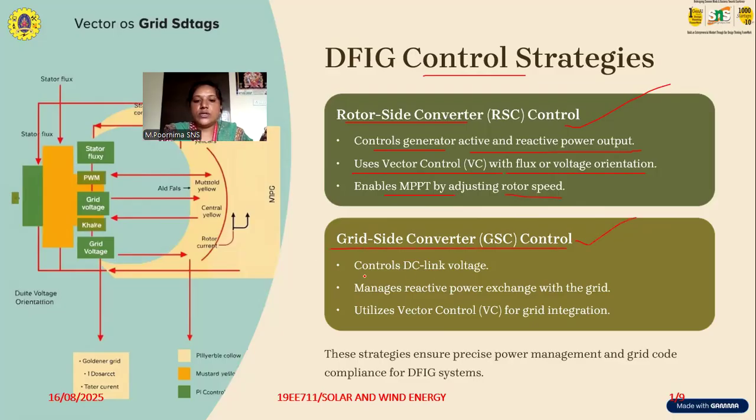The grid side converter controls the DC link voltage, manages reactive power exchange with the grid, and utilizes vector control for grid connection. So these are the DFIG control strategies.